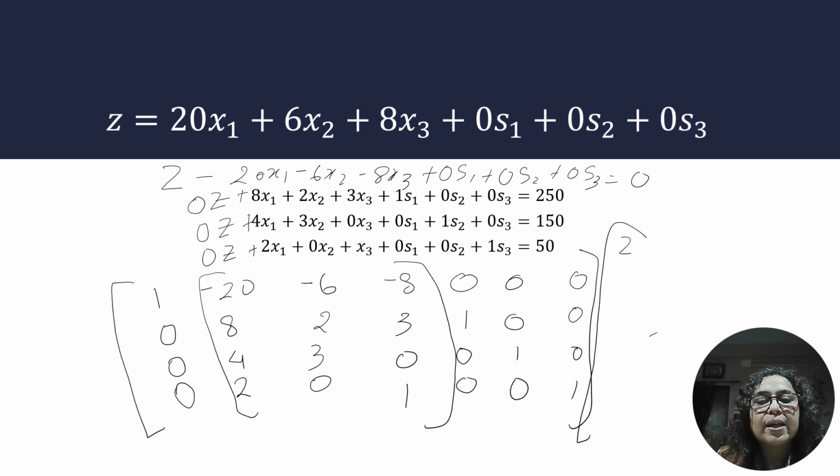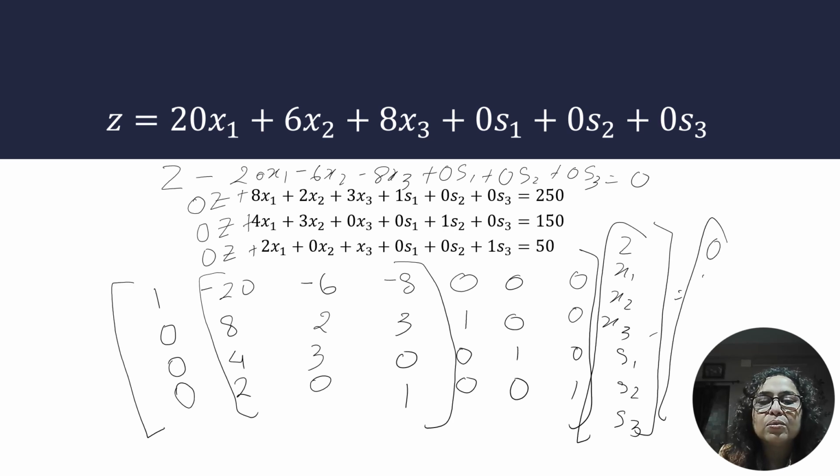Variables are z, x1, x2, x3, s1, s2, s3, and that is equal to 0, 250, 150, and 50. So this is actually the matrix.